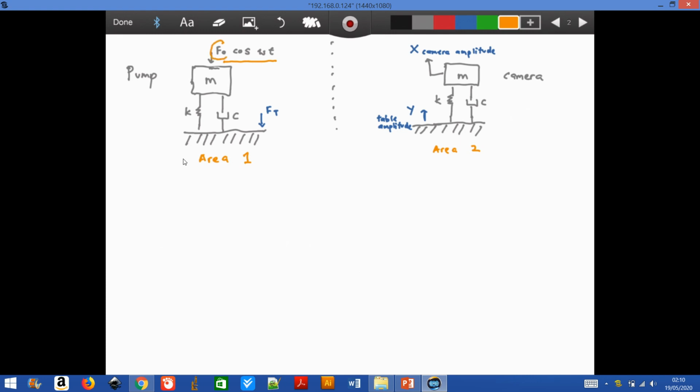Due to this force, when the pump is running, this force will be transmitted to the ground, and it will cause this camera to vibrate due to the amplitude transmitted from the ground to the camera. And this will cause the mass of the camera to move or vibrate in the x direction.